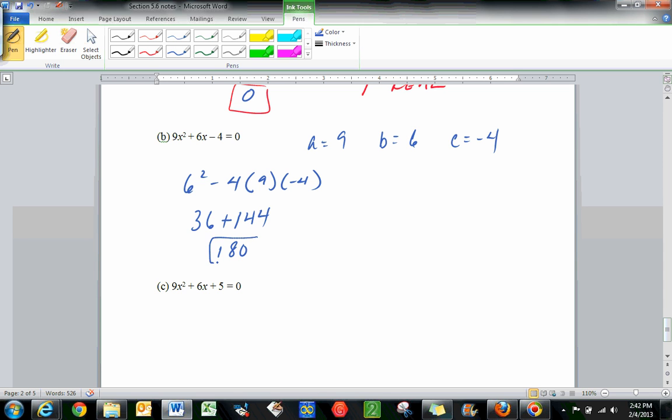This number represents the discriminant. It is really irrelevant whether it is a 1, a 180, or a 1 million. The fact that it's a positive number tells us that there are two solutions and they are both real. So that's our number and our type.